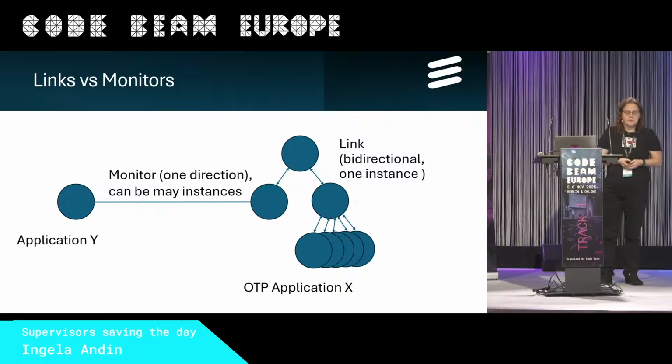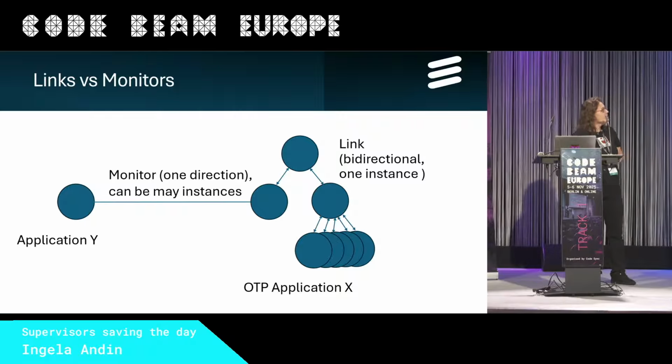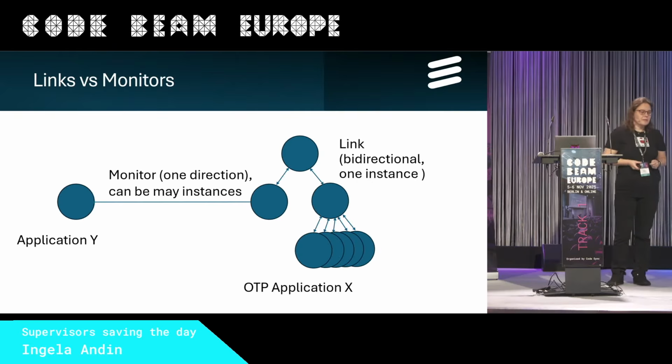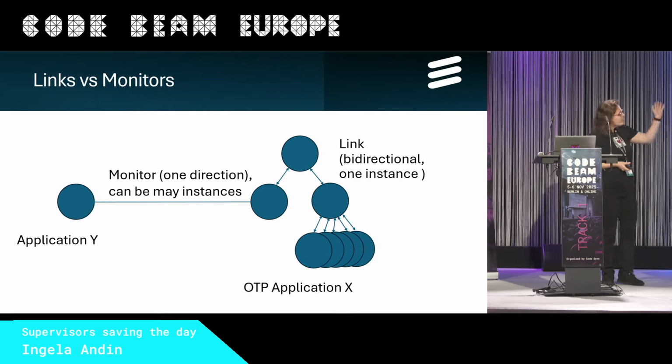So I want to talk about links versus monitors. So as our supervision trees that build our OTP applications are built with links, we don't want to link to other processes on the Erlang node. Instead, we want to monitor them.